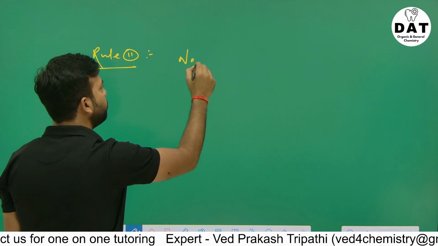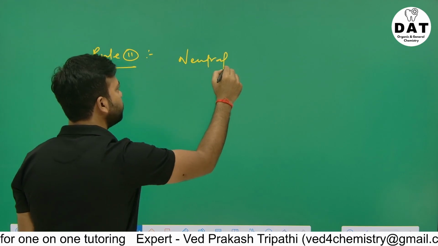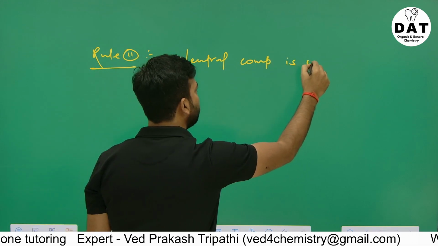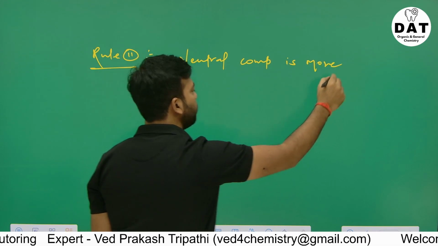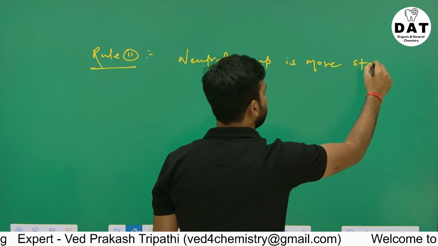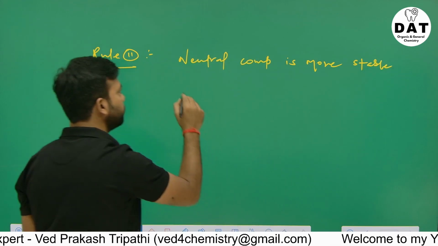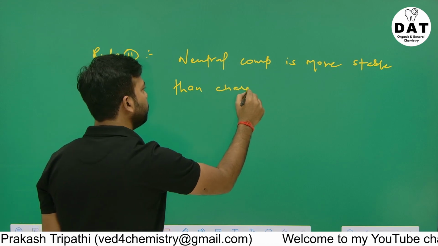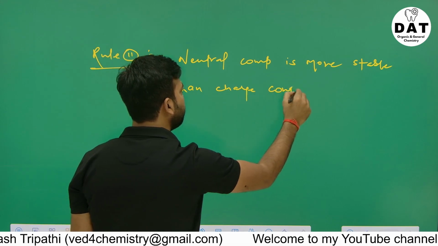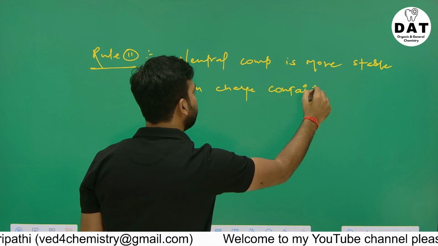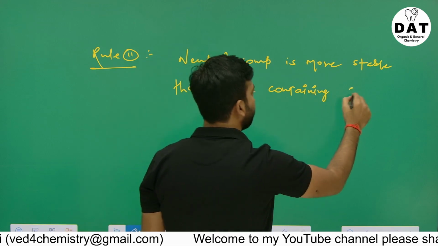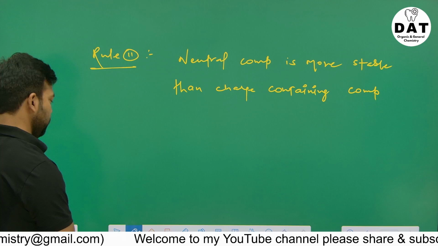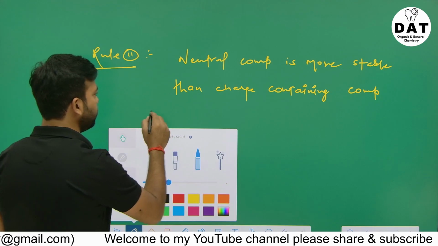Neutral compound is more stable than charge containing compound. Look at the example.